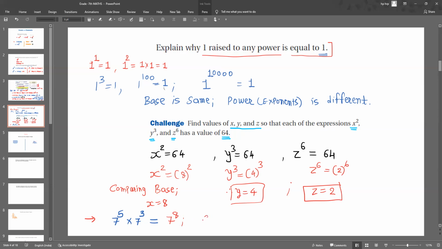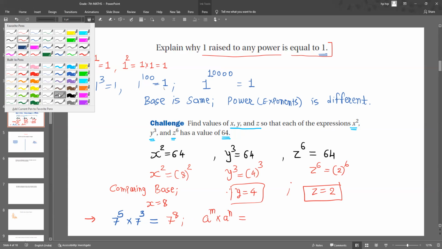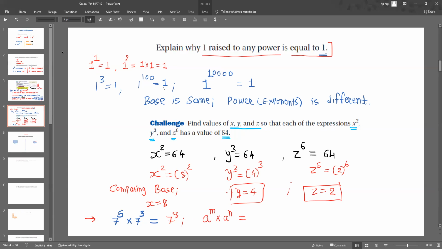I can write this law: a raised to m multiply a raised to n. What is the meaning of this law? When the base is the same, the power is different, and these are in multiplication, we have to add the powers. So 7 raised to 5 plus 3, so we get 8.